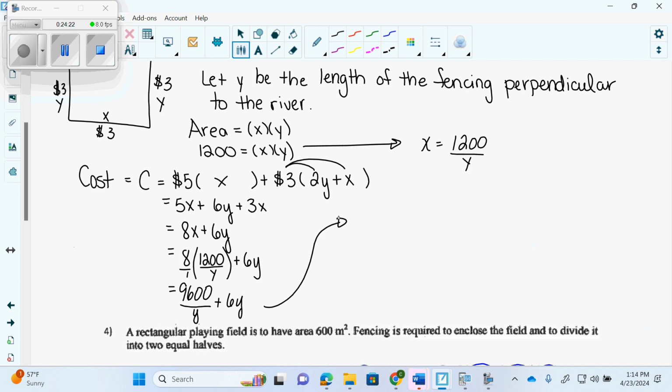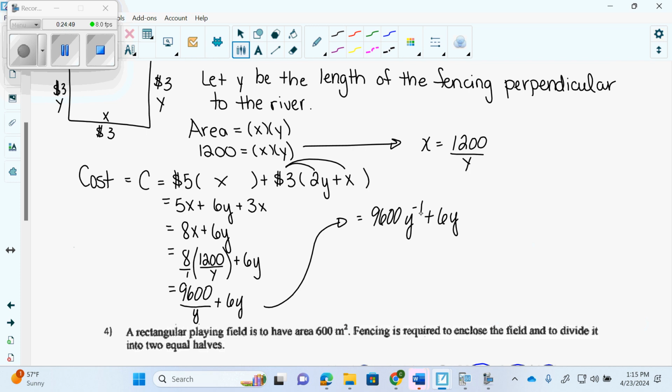So 9,600 over y is not easy to differentiate right now. How else could I write it? 9,600 y to the negative 1 here. So then I can just do power rule, right?